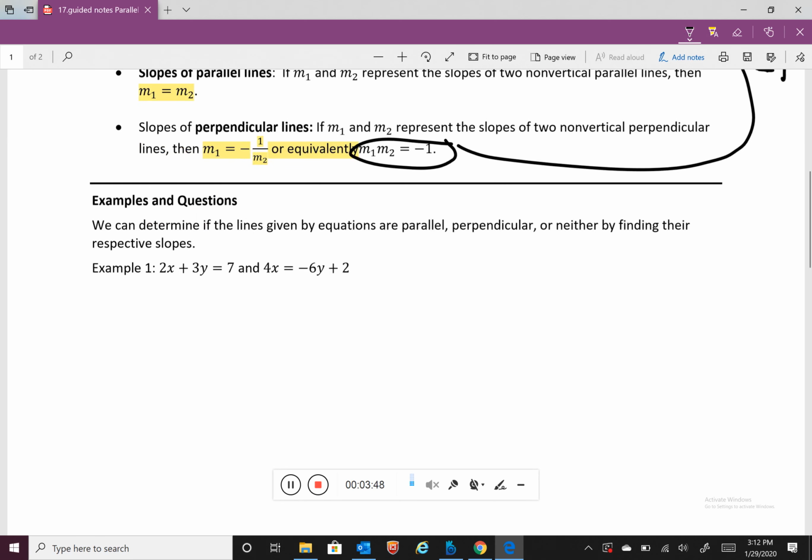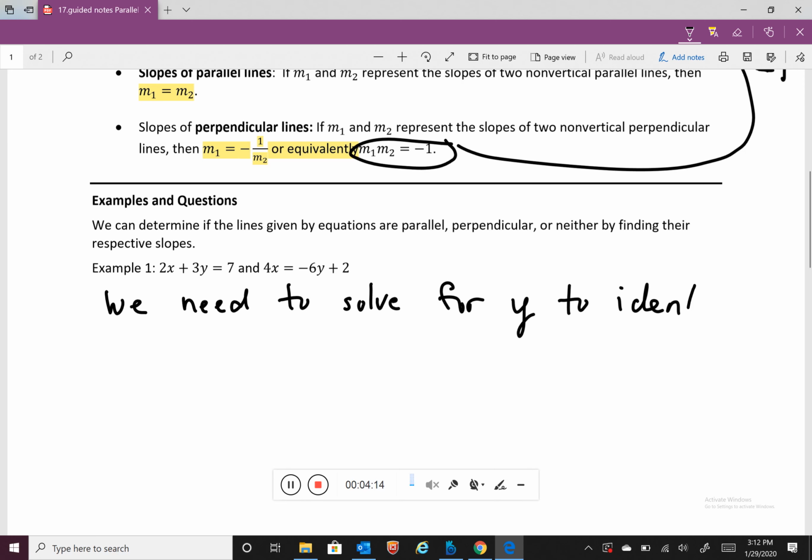We can determine if the lines given by equations are parallel, perpendicular, or neither by finding their respective slopes. And in order to do this, we first need to solve for y to identify the slope of each line.